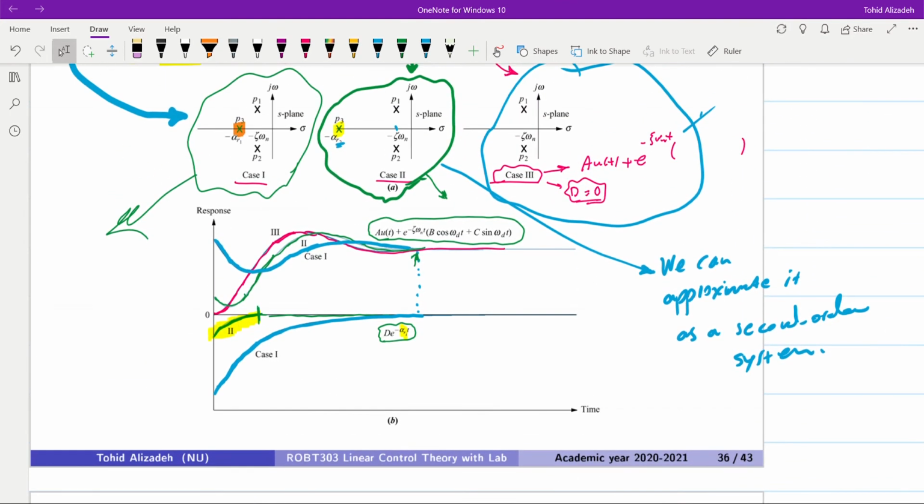Tp for the second order system is here, and at Tp the contribution from the purely exponential term is almost equal to 0. So case 2 can be approximated by case 3.